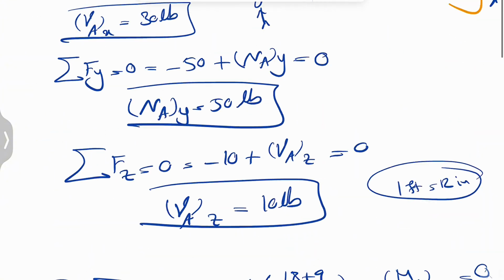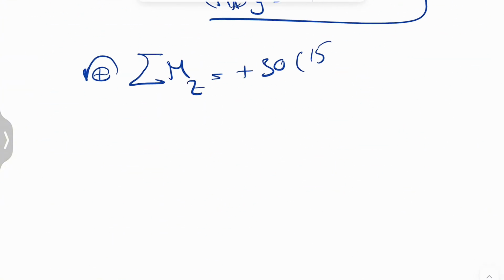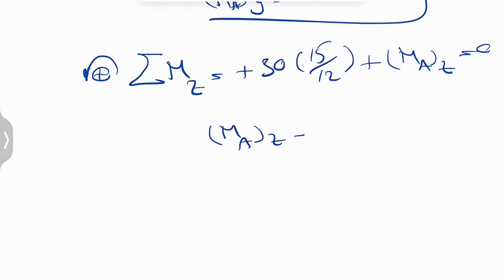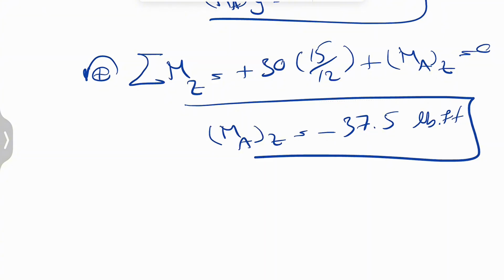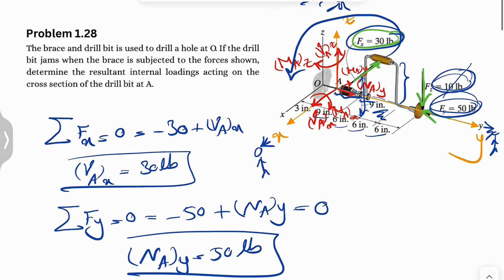So it's 9 plus 6, or 15, divided by 12, and we assumed a positive moment for our internal loading equals 0, and here our MAZ will be 30 times 15 divided by 12, and this time it's going to be negative 37.5 pound-foot, and the negative sign shows that the direction has to be opposite of our assumption. We assumed it's counterclockwise, but it's actually in this direction.